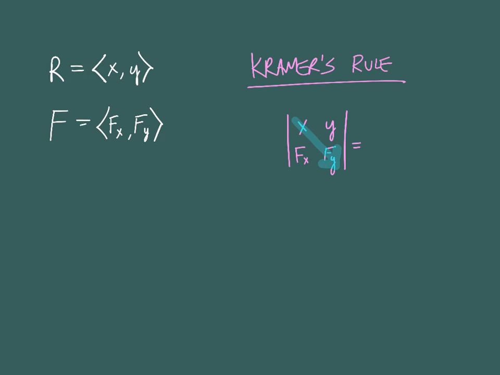You take this thing here, you multiply it, and then you subtract from it the product here. And we call this, literally, a cross product.